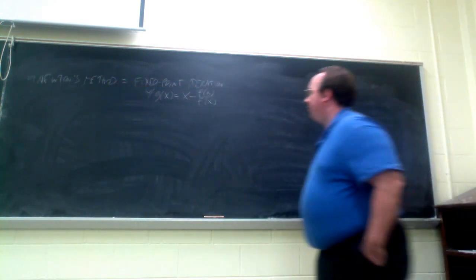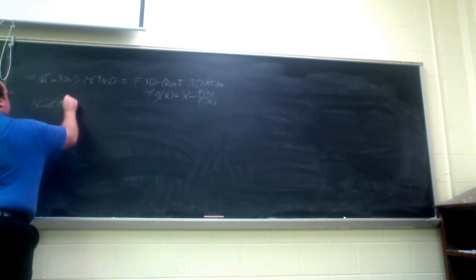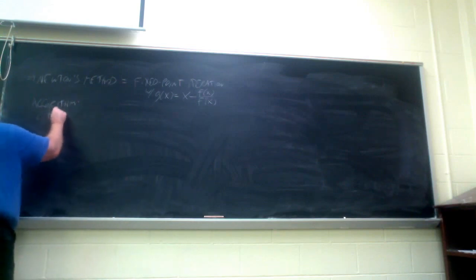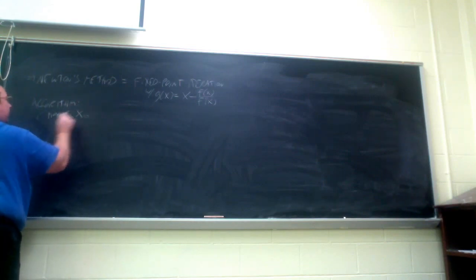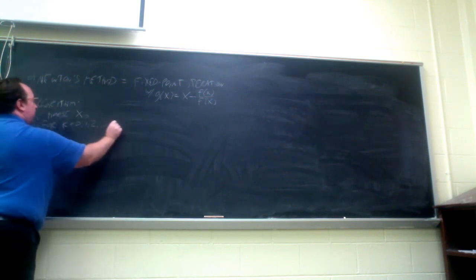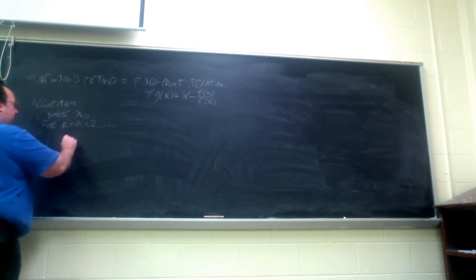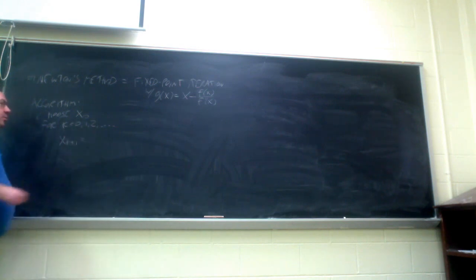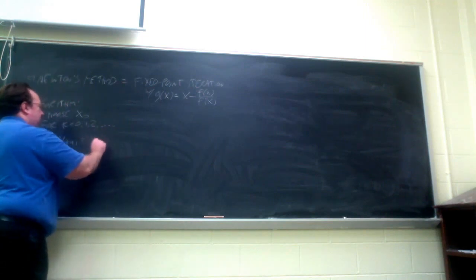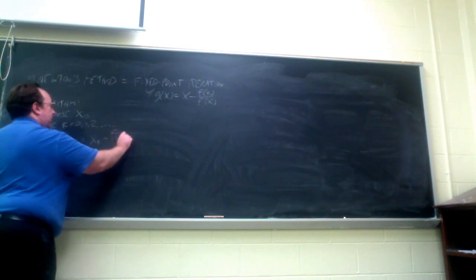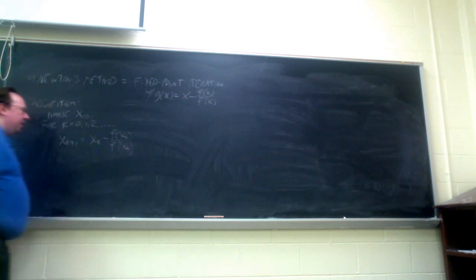So the actual algorithm for Newton's method is you choose an initial guess, and then you have a loop where each new x is equal to this g evaluated at the old x. But I can write out what that is this time: xk minus f of xk over f prime of xk.